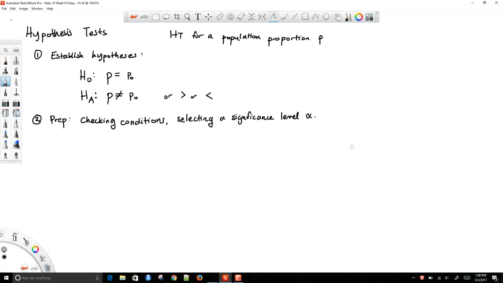And then the third step is to do all of your calculations. And the goal of the calculations is to get the p-value. Okay, so the goal is to find a p-value.